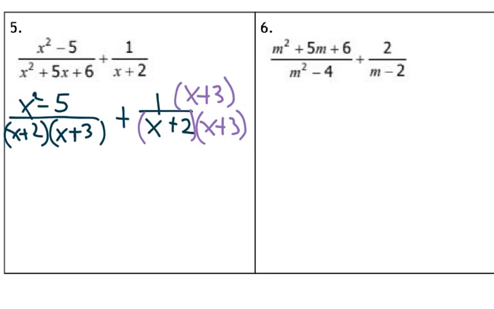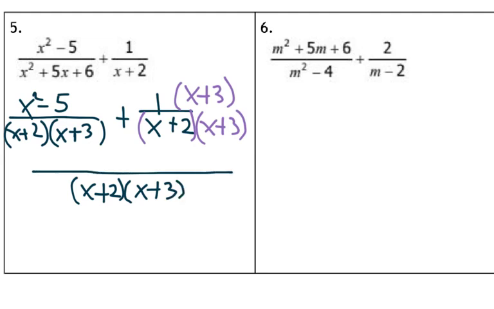So right now, I'm going to remember when we add or subtract fractions, we're going to keep the denominator. So my denominator is x plus 2 and x plus 3. Now my numerator, I am going to combine first by writing my numerators together.